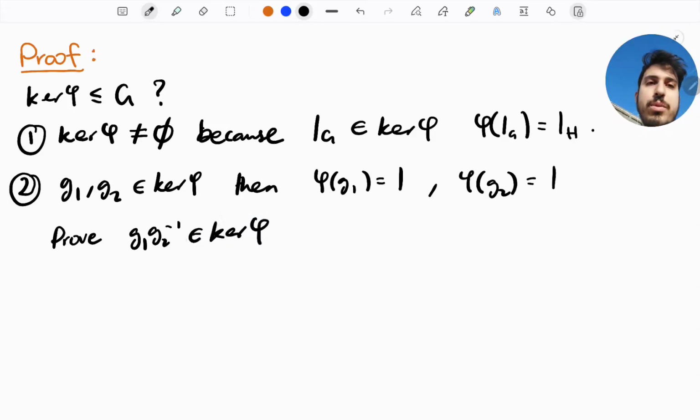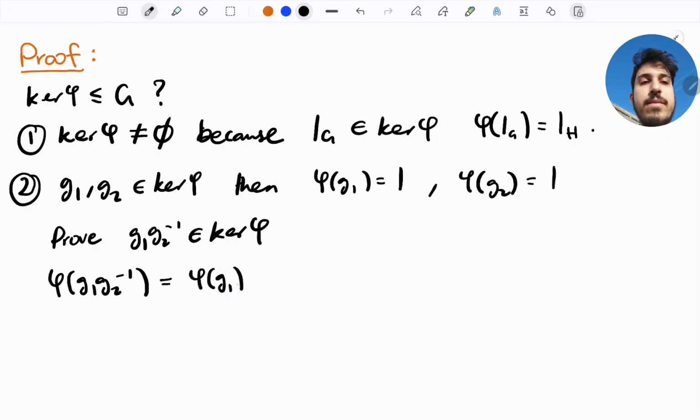And to do that, we need to prove that phi of G1 G2 inverse is equal to the identity. And how do we do that? Well, we're going to use the property of the homomorphisms to say, okay, we can just separate the phi of G1 G2 inverse into phi of G1 times phi of G2 inverse.